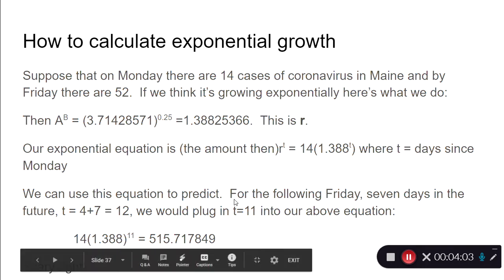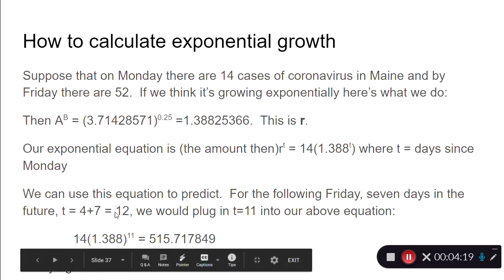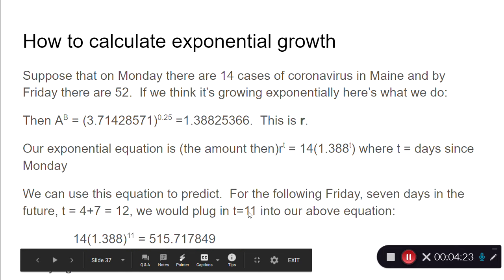If I want to know what's going to happen on the Friday, what day is today? Today is the 24th, so the 27th, right? That would be 7 days after last Friday. So that would be, oops, I didn't fix the little typo there. So it should be 11. So I put 11 in for time.